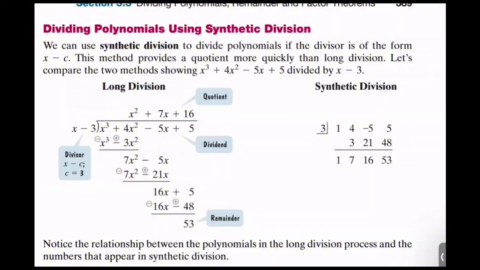You add. 7 times 3 is 21. You add. 16 times 3 is 48. You add, and normally I write a little line here so I know that this is the remainder. If it's 0, you have no remainder. You think it's easier than long division, right? We're working over here compared to this.